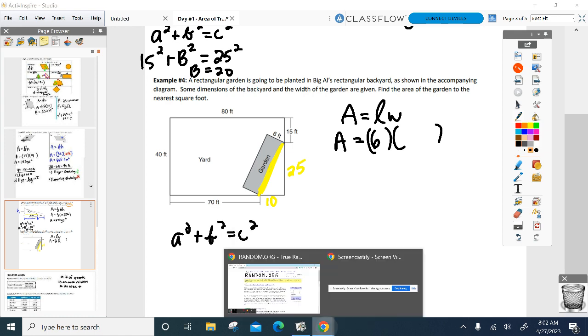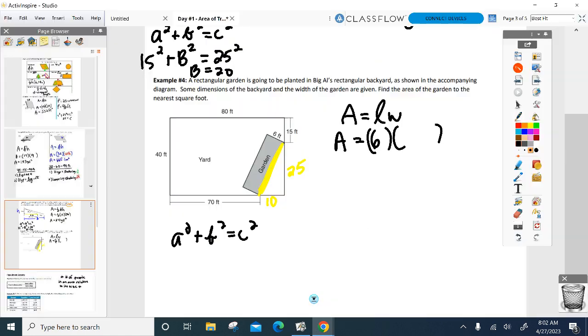All right, what's that going to look like? What's Pythag looking like here? 10 squared plus 25 squared equals c squared. There you go. Good work. You're probably going to get a decimal here. Don't round it. We don't round until the end.